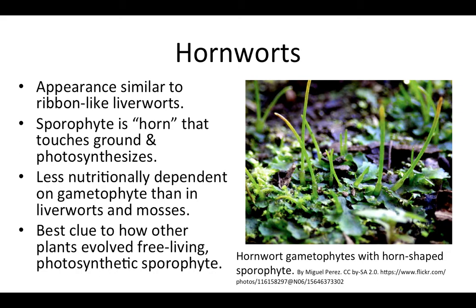When we pick up in our next lecture, we're going to talk about the lycophytes, which is a small group of plants that gives us our next clue about how terrestrial plants evolved. In that case, we are going to see that the sporophyte is then the dominant plant, and the gametophyte has receded to being a very small plant, less important in the life cycle.